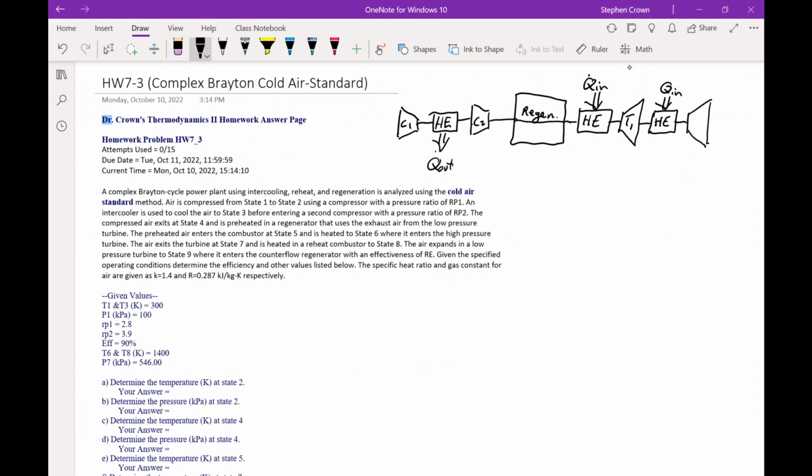Then we'll come out of this second turbine, and I guess I'll go on top here, back into this regenerator. So we have internal heat transfer here.